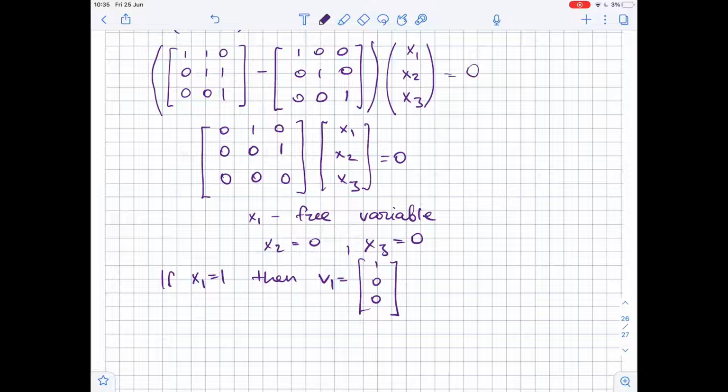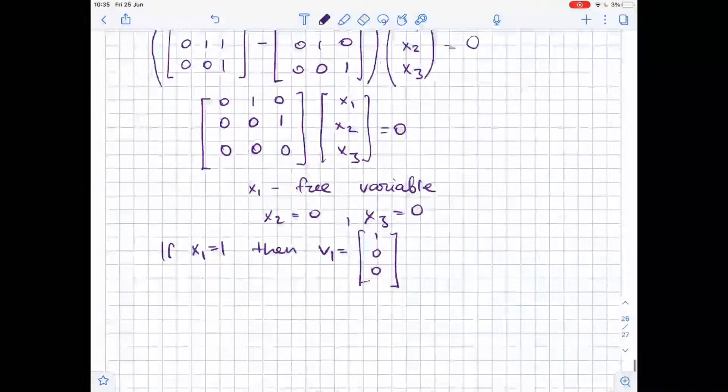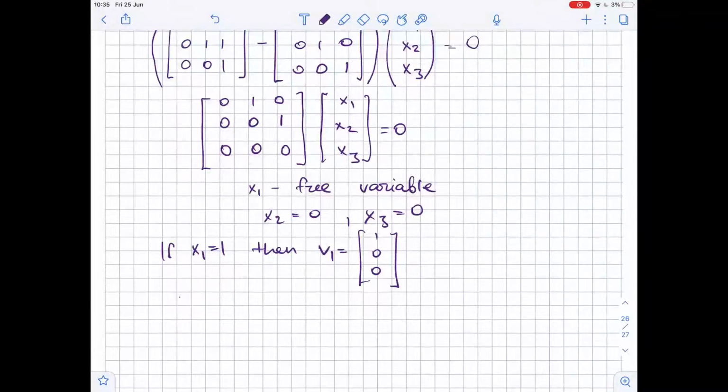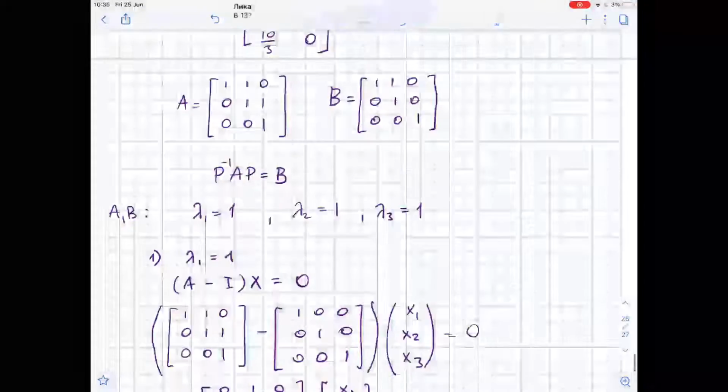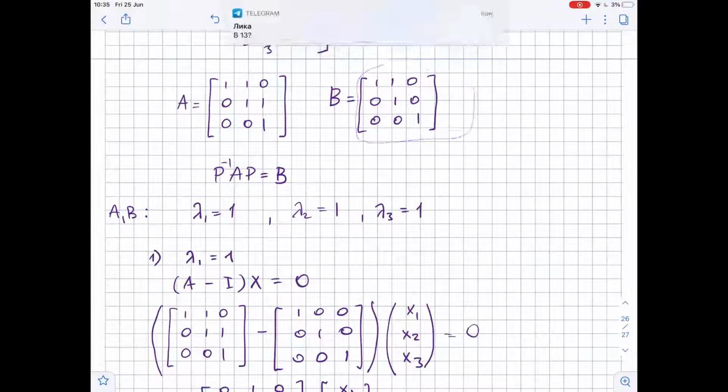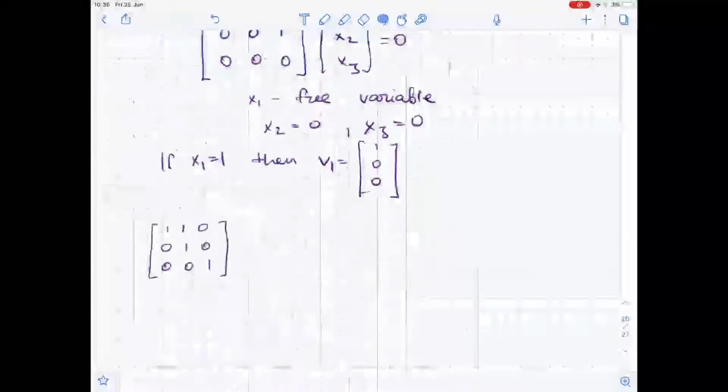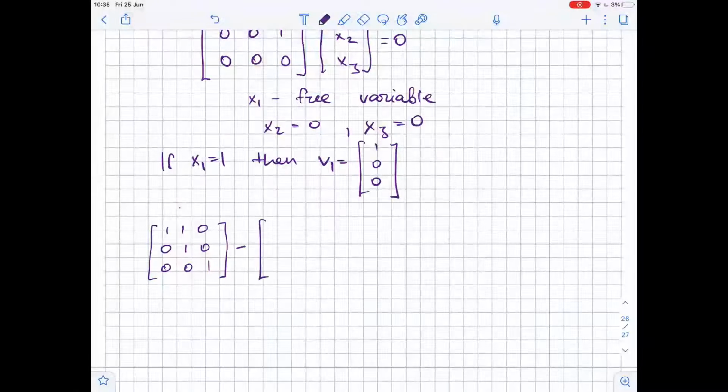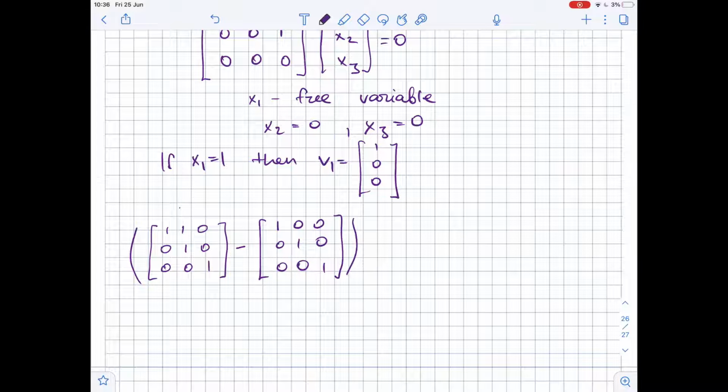Now we will obtain the eigenvector for the eigenvalue lambda equals 1, but for matrix B. So here we will have matrix B, let me copy paste it, matrix B minus identity matrix times x1, x2, x3 equals 0.